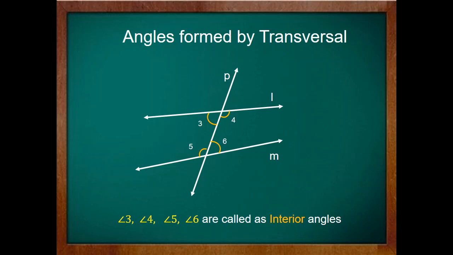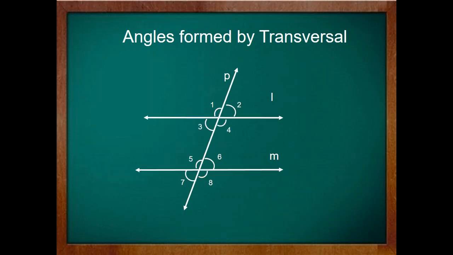Angles 3, 4, 5, and 6 are called interior angles as they lie on the inner side of lines L and M. Angles 1, 2, 7, and 8 are called exterior angles as they lie on the outer side of lines L and M.